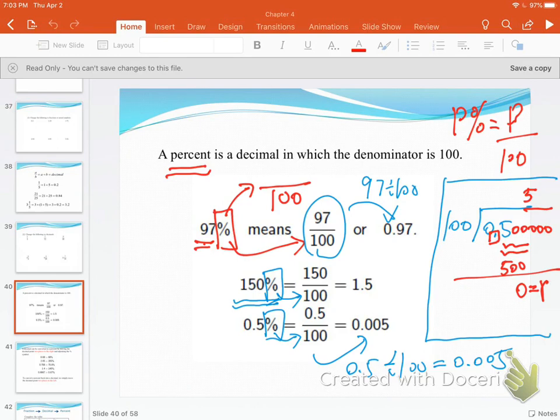So the long division is very short. You have to pay attention to where you put this quotient 5. You use 500, so quotient 5 is in the last column, the ones column of 500.